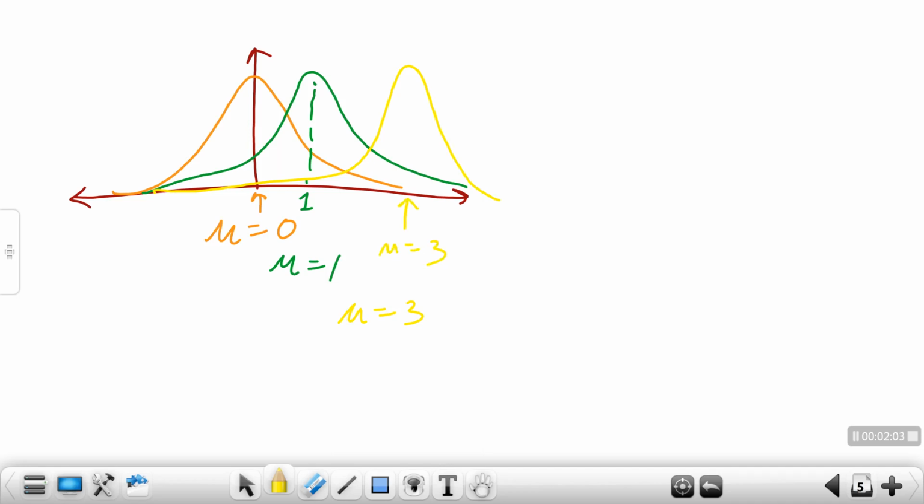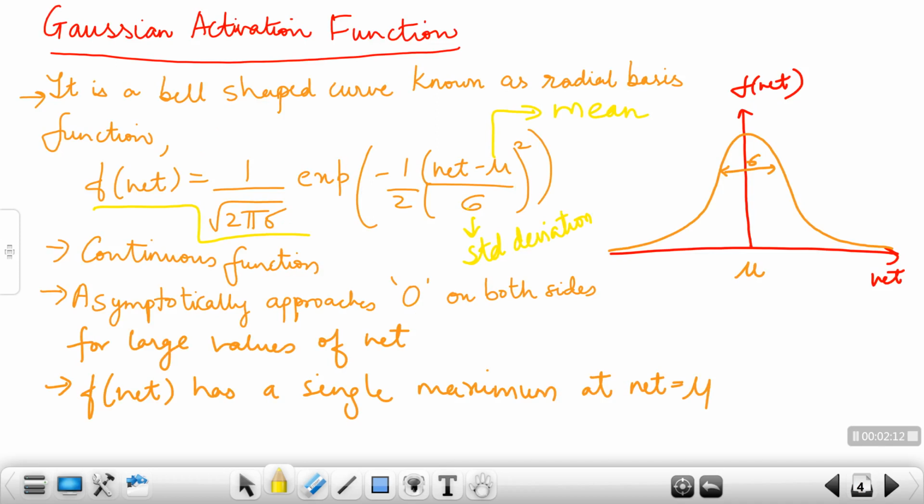This is mu equal to 3. Similarly, it could be shifted to the other side also. If mu is equal to 0, there is nothing there, it will be net upon sigma. So by changing the value of mu, you can shift the Gaussian shaped curve.